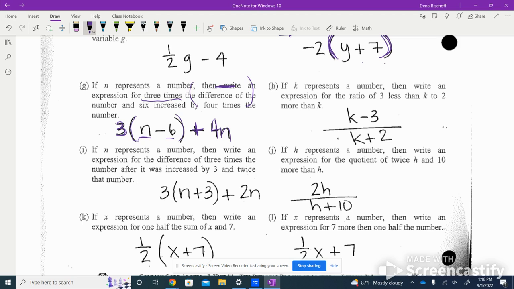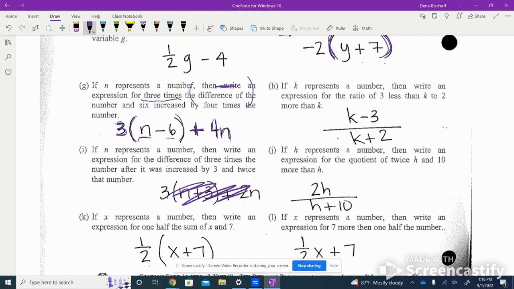Did we have to do letter H? No. What about letter I? Okay. Letter I. The difference of, that means I'm going to use a parenthesis, 3 times the number after it was increased by, this is wrong. My example is wrong.